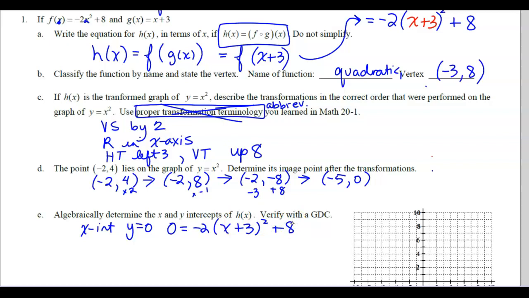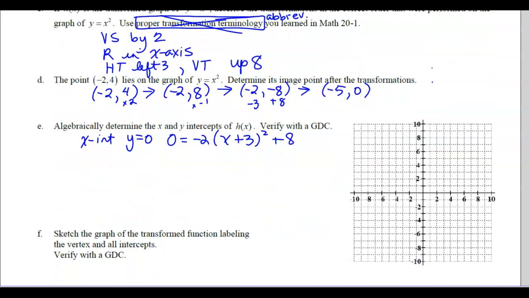So from here, I use the square root principle. So I would bring the 8 over to the left, divide by -2, take the square root of both sides, positive or negative.